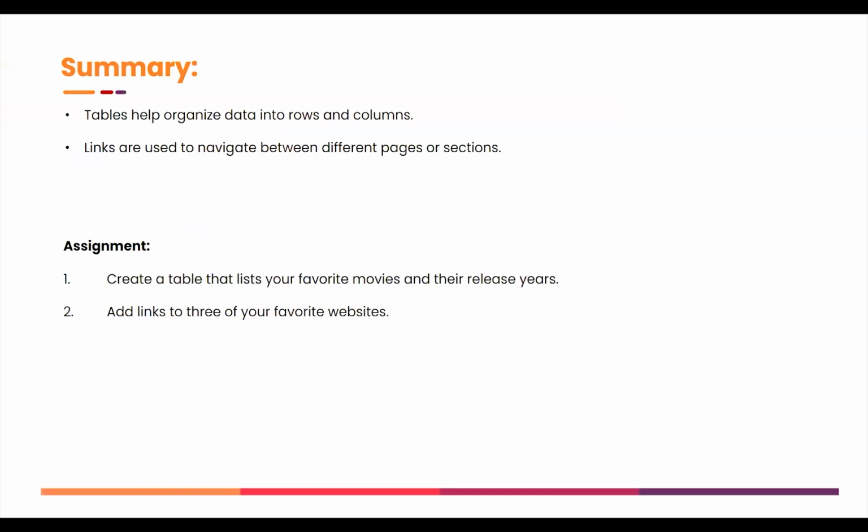Okay, so we have another assignment. We are supposed to create a table that lists our favorite movies and their release years. Then you add 3 links to your favorite websites. It didn't specify which websites. Yes, so 3 websites. So you have favorite movies.